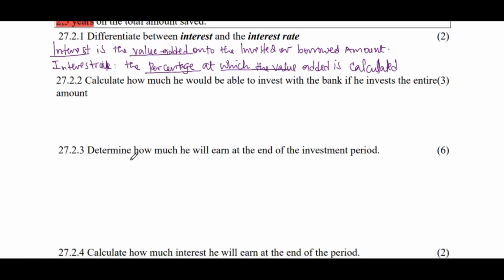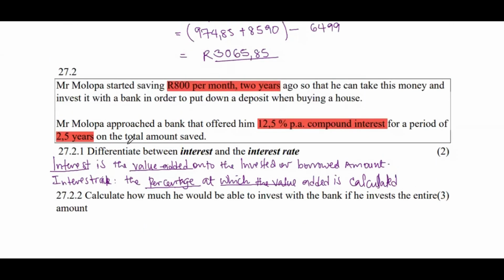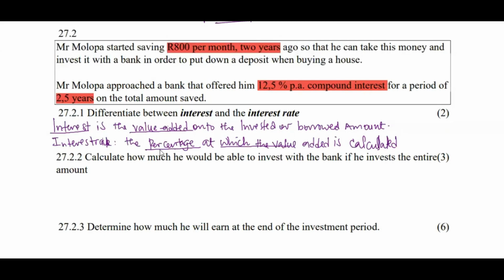Question number 27.2.2. Calculate how much he would be able to invest with the bank if he invests the entire amount. Now, here we go. How much is it? Remember, he says his story. He has been saving 800 per month for over 2 years. This money, he intends to invest in the bank. So we need to know how much this money is.